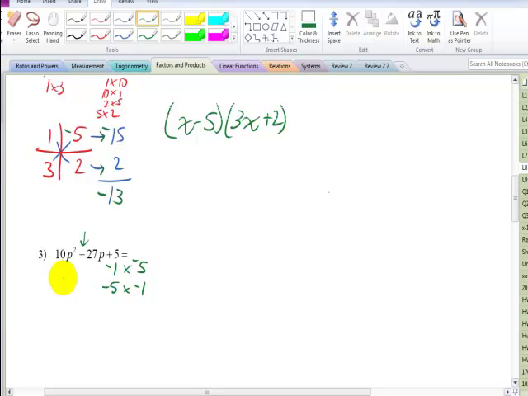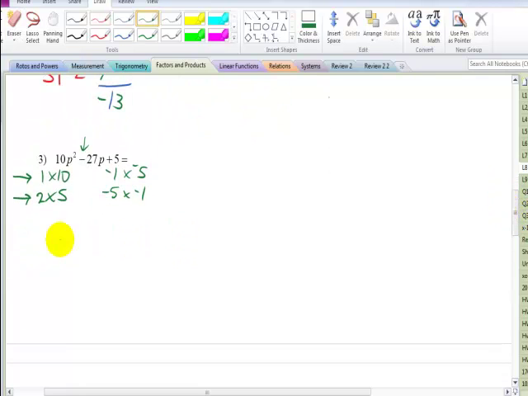What are the combinations of 10? 1 times 10 or 2 times 5. Don't switch these around, just do that once, like that. Okay, so all we're going to do is switch this one around, but don't switch the first one. Okay, do your box method, see which one it's going to be. Draw your box, guess and check.